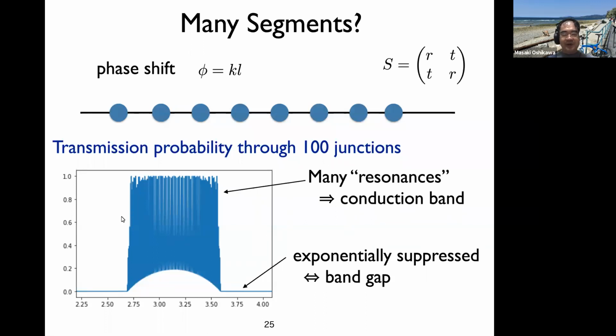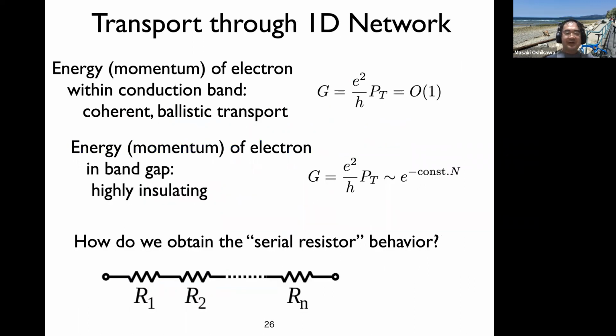So actually by solving this transmission problem, you can see the band structure of the electron. So band gap or conduction band. And so this transport through a 1D network in the purely quantum mechanical limit has two behaviors.